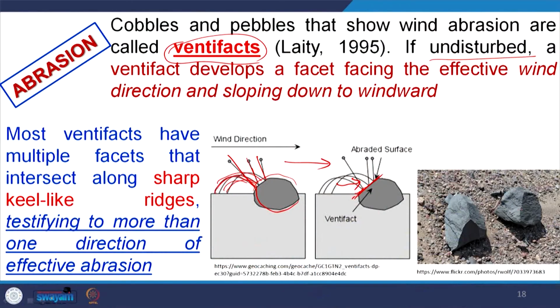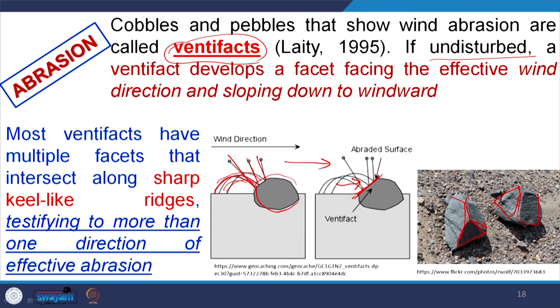For example, here this is the wind direction and here are photographs of two ventifacts. Here you see this is a surface and this is another surface. Similarly, this is one surface, this is second, this is third.